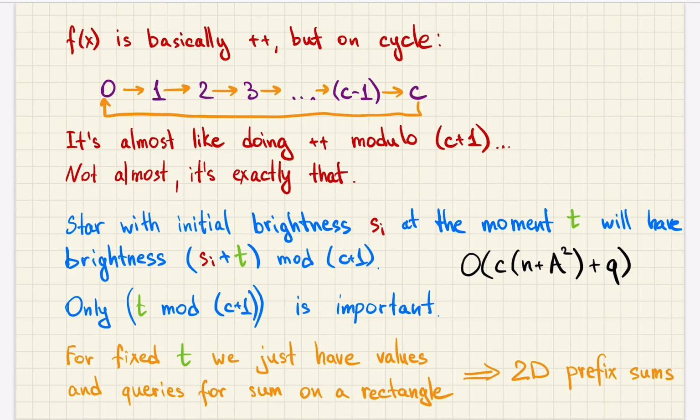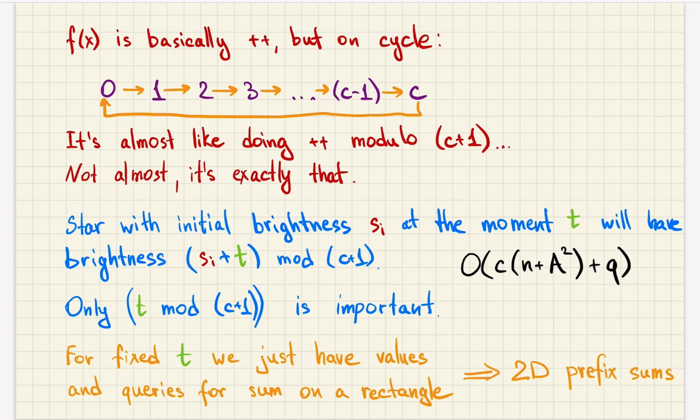And it looks kind of similar to doing increment modulo c plus 1, and it's exactly that actually. So f is just increase the brightness by 1, but modulo c plus 1.